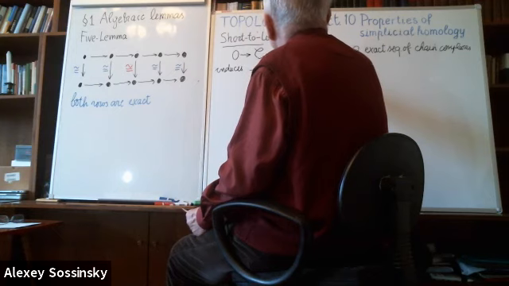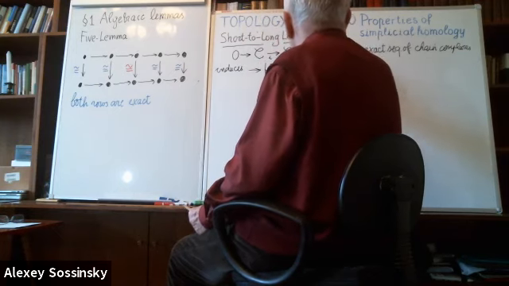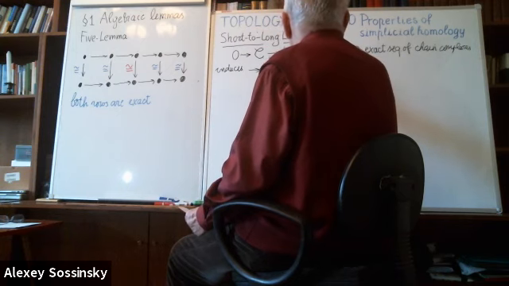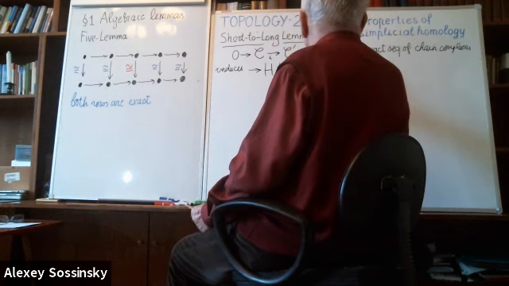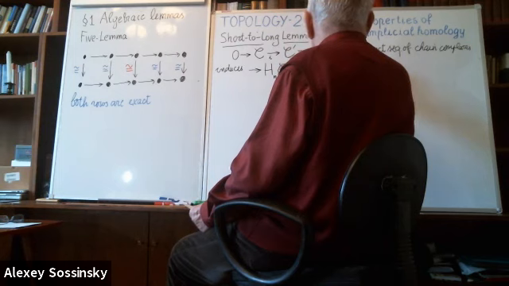So call this homomorphism I, this one J. So this is here I star, H and C prime.